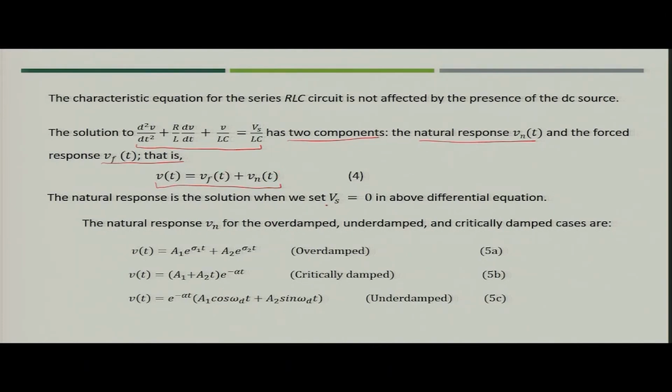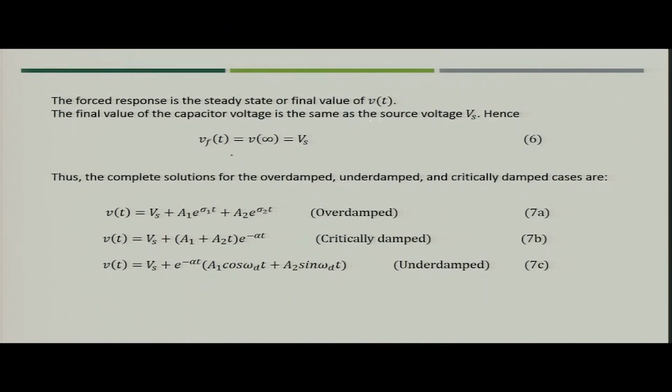To get the natural response, we set Vs equal to 0 and we found three conditions: overdamped, critically damped and underdamped, and we got the voltage values under these three conditions. Then we discussed that the forced response is nothing but the steady state value across the capacitor, that is the voltage Vs. Finally we got the overdamped, critically damped and underdamped cases.